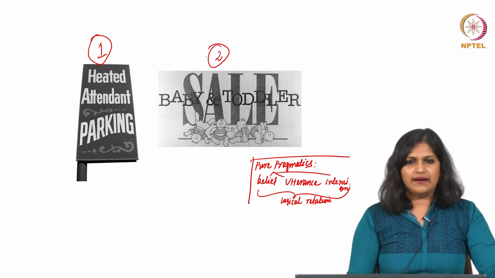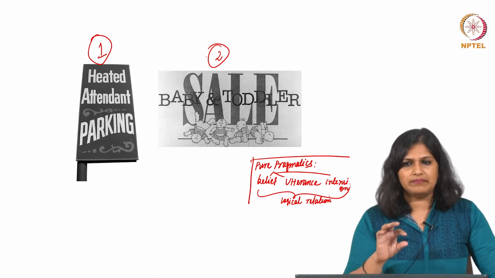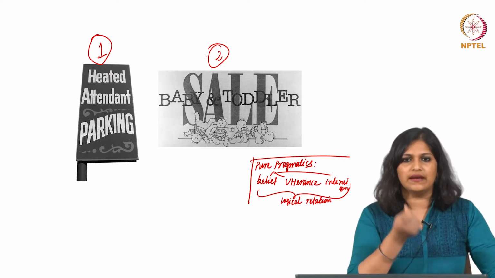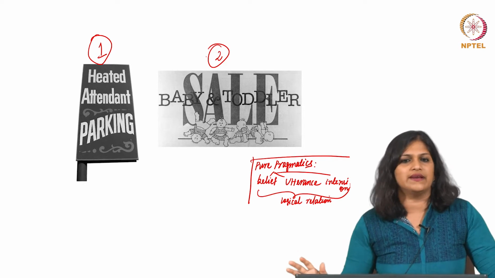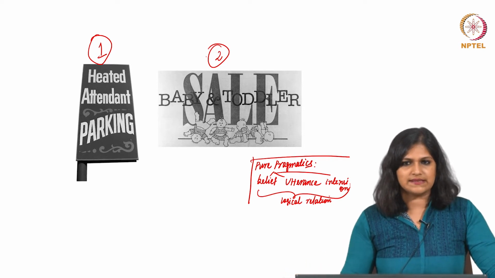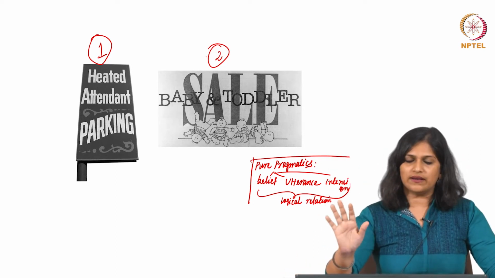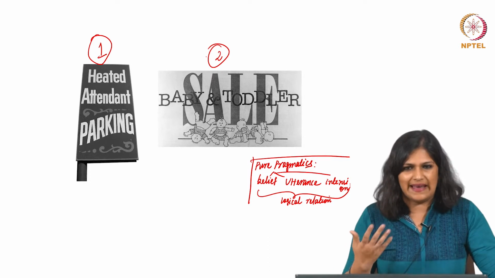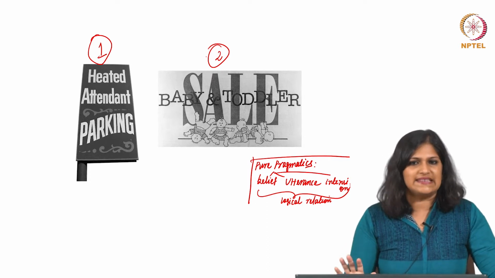And just a bit of difference is going to change the meaning from a very positive one to a very negative one. The positive meaning is that you, the car owner, have been warned in advance that you may not like to park your car here, because this is a heated area.